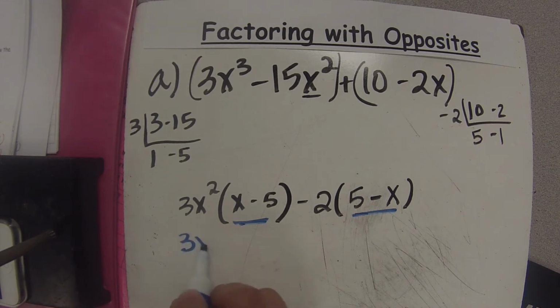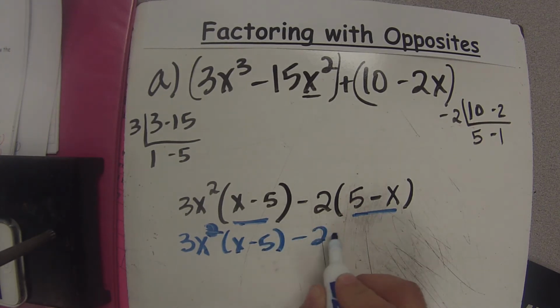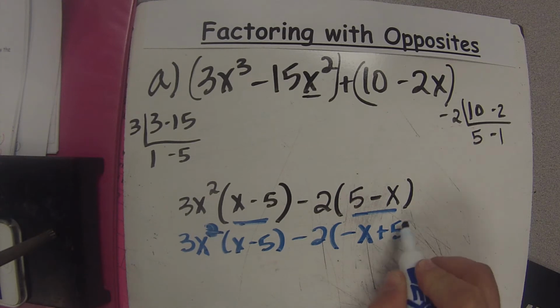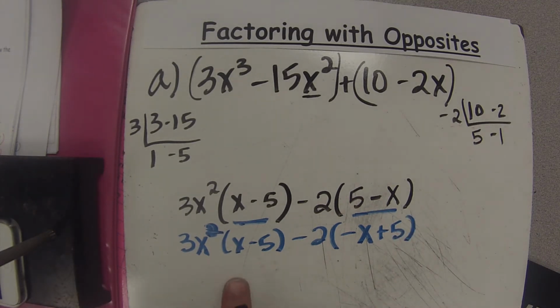If we were to rewrite this as 3x squared, x minus 5, and we wanted to align the x terms, what we really get is minus x, or -x, plus 5. And those are not the same. Okay? Now, what we do with this is we can pull a -1 value out of any group of terms, even if one of them is negative, one of them is positive.